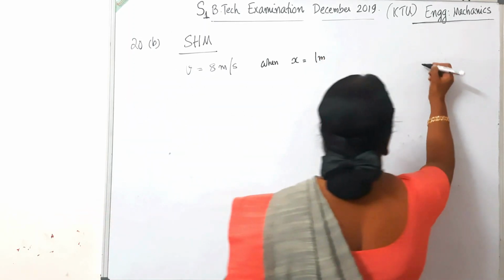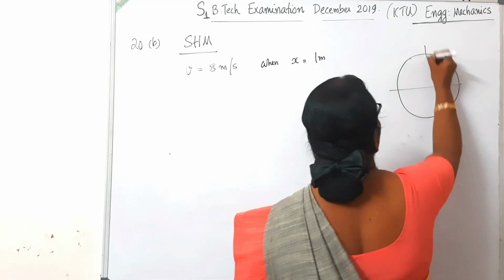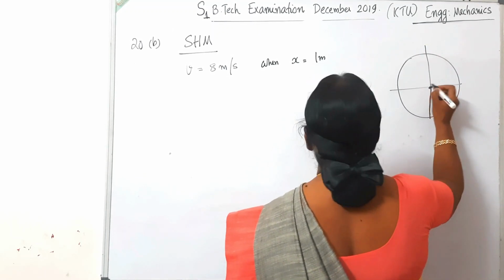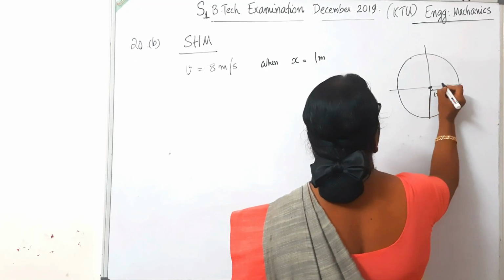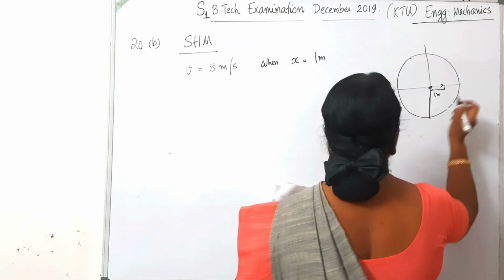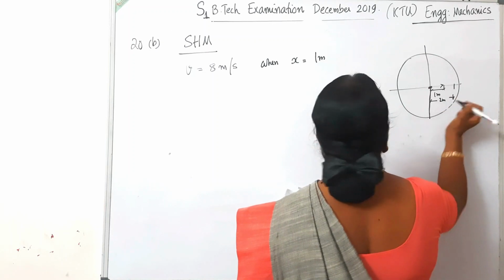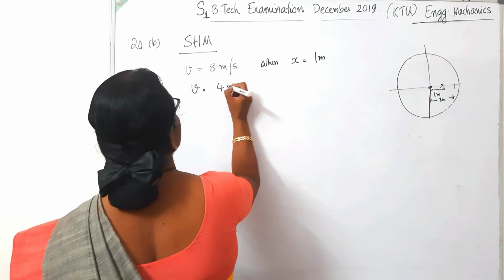If you consider a simple harmonic motion as a circular motion, this is the mean position. When x is equal to 1 meter, it has a velocity of 8. And when it is 2 meter from here, it has a velocity of 4 meter per second.